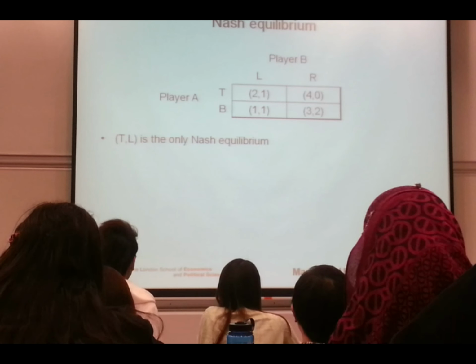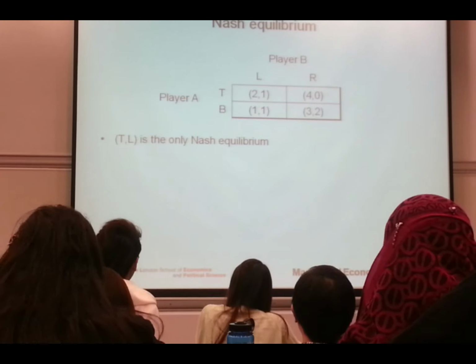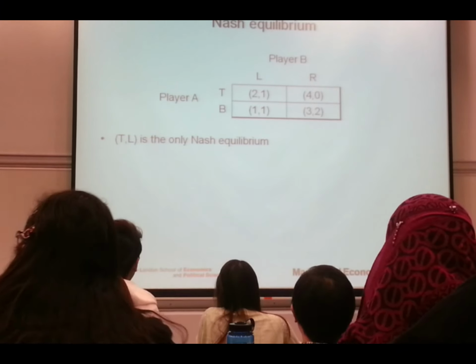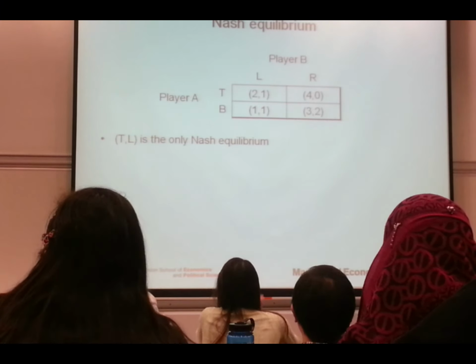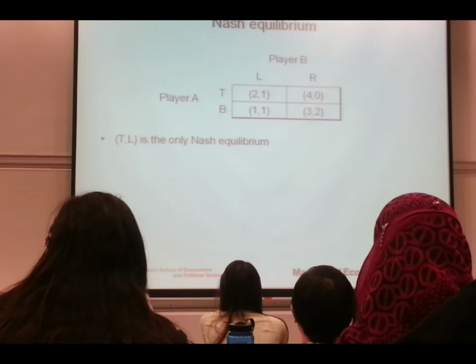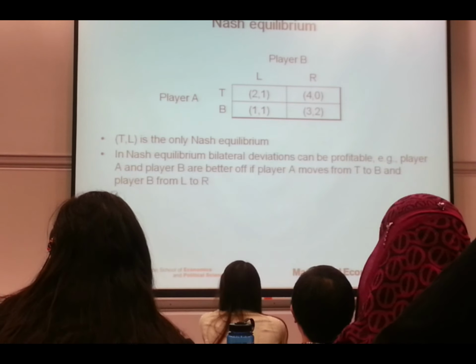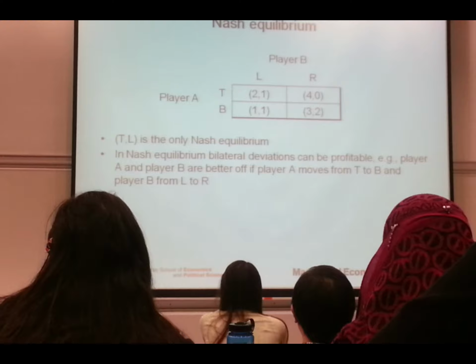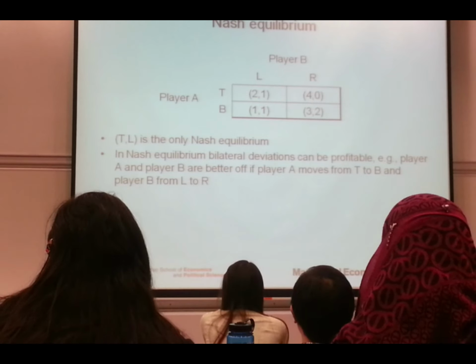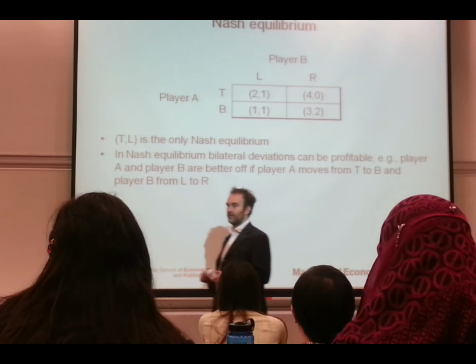But actually both could be made better off if they switched from top left to bottom right. So instead of getting 2 and 1, everyone would get 1 more. Player A would get 3, player B would get 2. So in a Nash equilibrium, bilateral deviations could work, but not unilateral deviations.